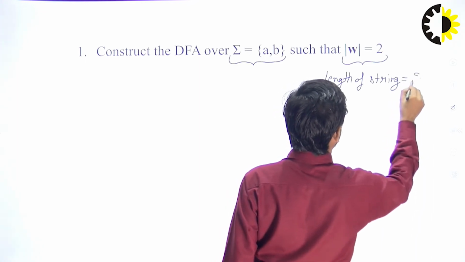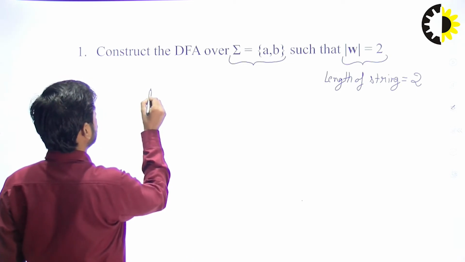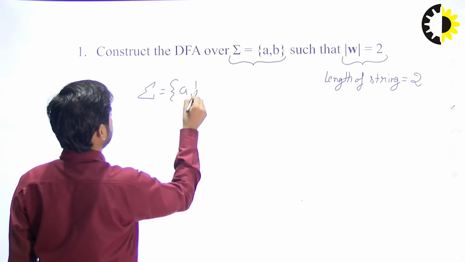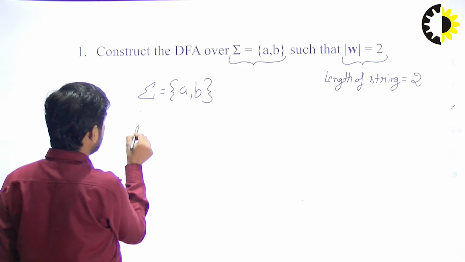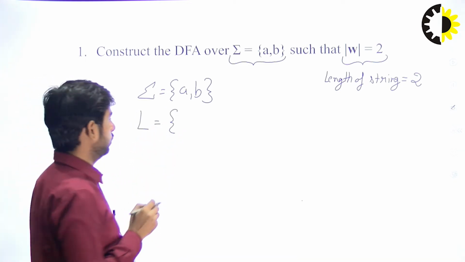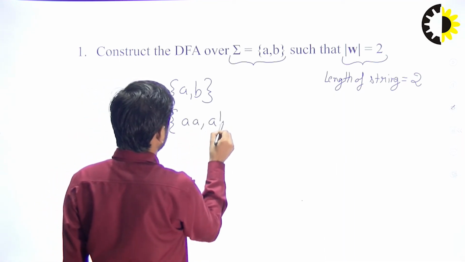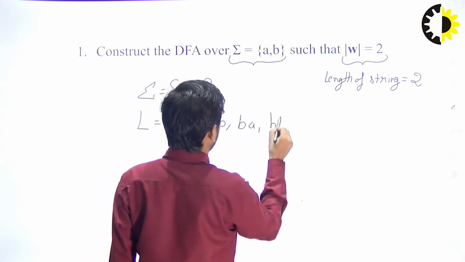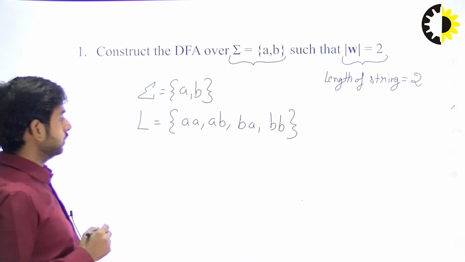So here sigma is a, b, these are the input alphabet. And what is the language? All the strings of length 2. The strings of length 2 are AB, AA, BA and BB. So all these are the strings of the language.